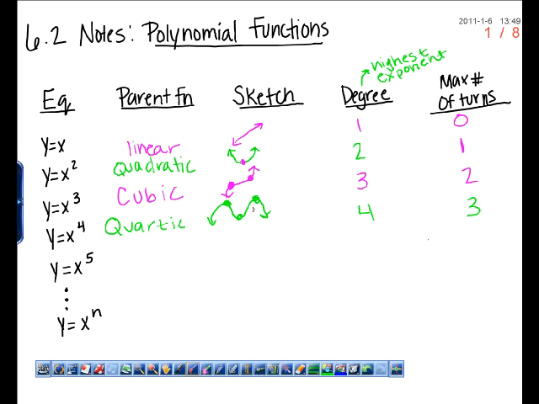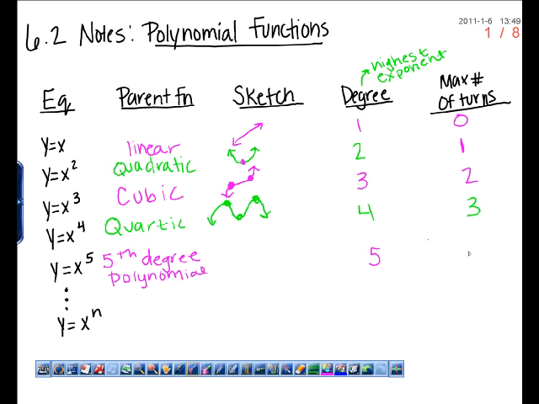Okay? All right. x to the fifth is very creatively named a 5th degree polynomial. What do you think the degree is? 5.